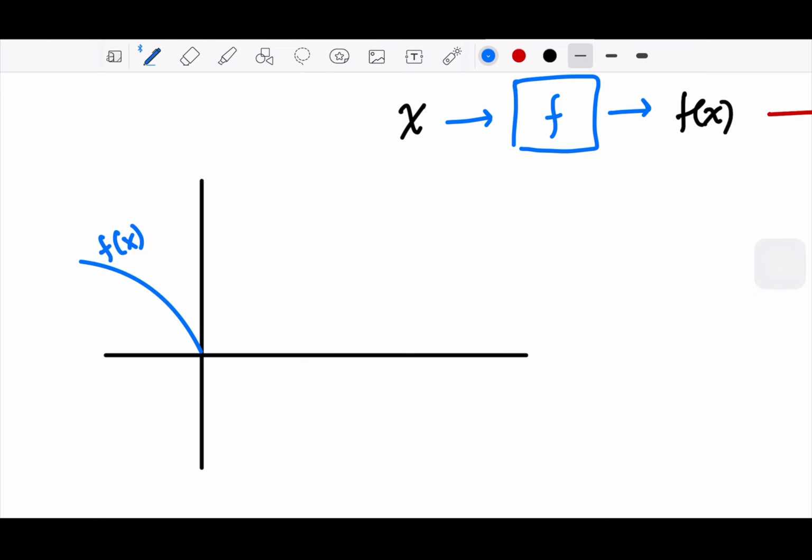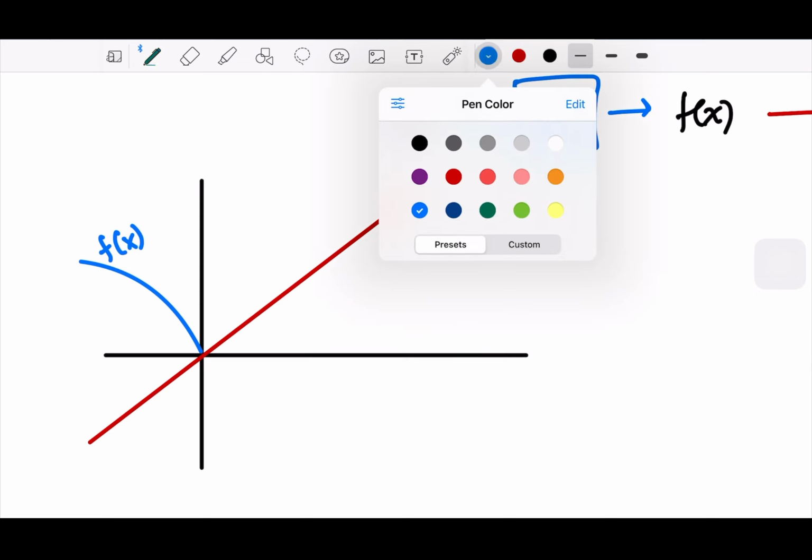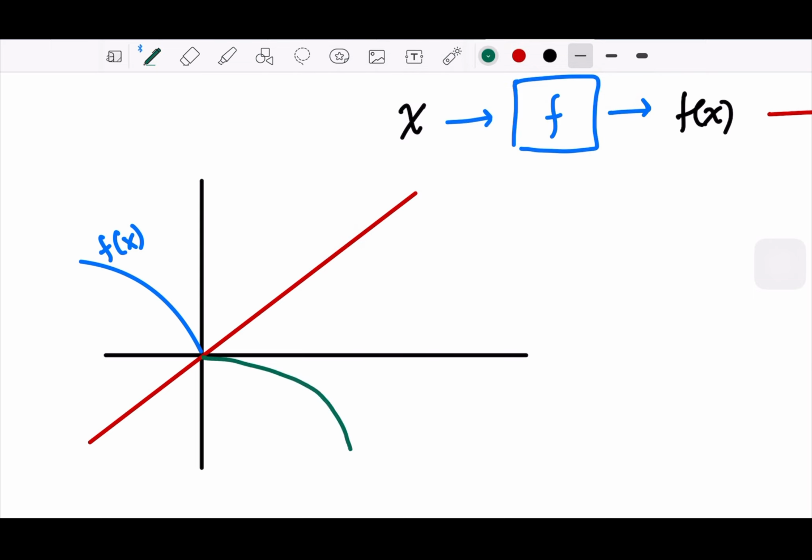So if you draw a line, it's actually mirroring this line. So it's like a mirror, okay? So you will have the inverse around like that. Let's say this is the inverse. And this line is actually y equal x.